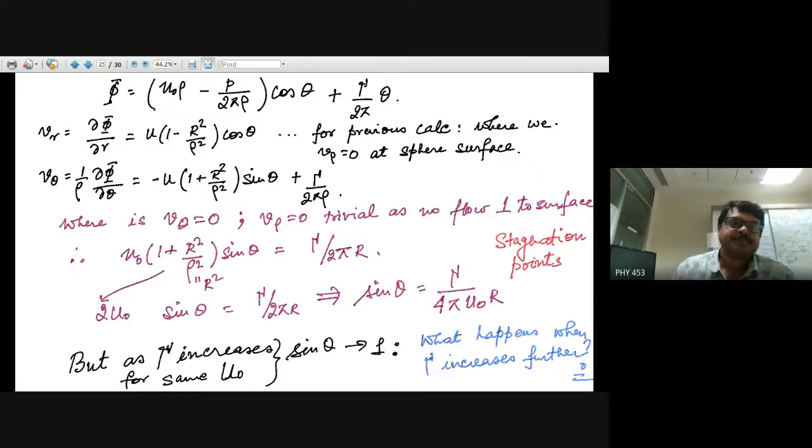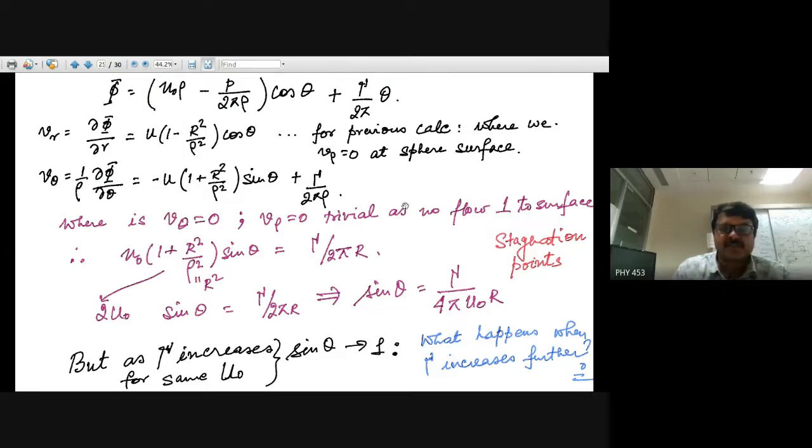But for v theta, we first try to find the so-called stagnation point, the point at which v theta, the velocity of the fluid at a particular value of theta, is equal to 0.